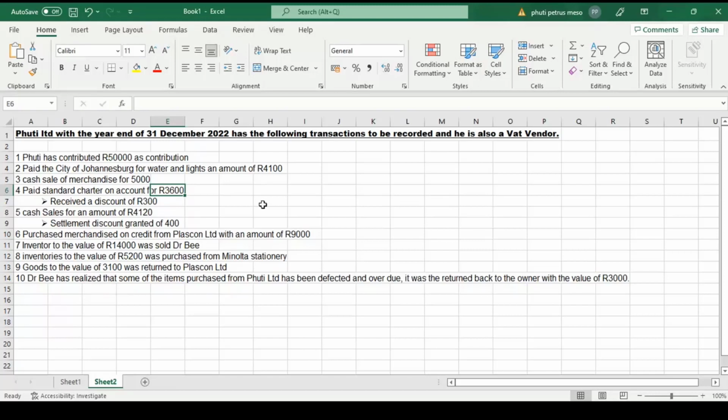Okay, let's say for example the initial transaction was maybe a purchase on credit. Yes. And now we are paying them. So when we capture the credit purchase, the VAT was already included there, so we don't have to pay for it here. I think you understand it way much better than me.